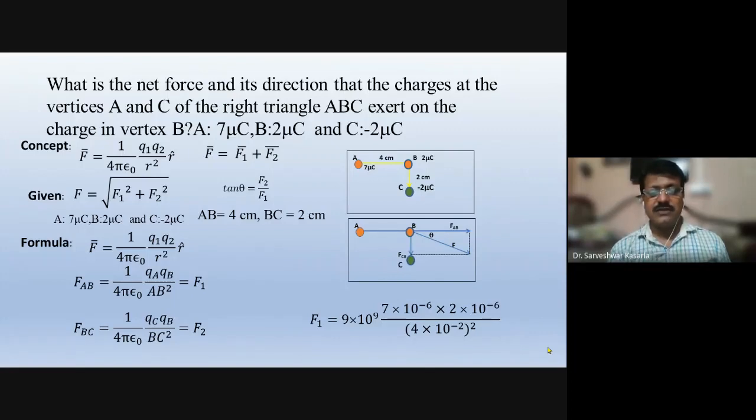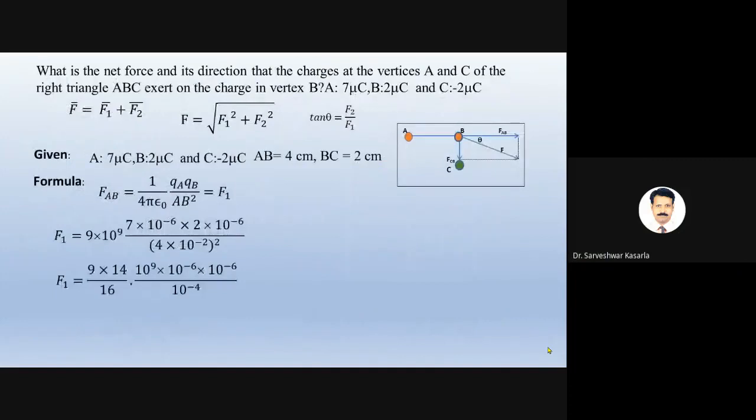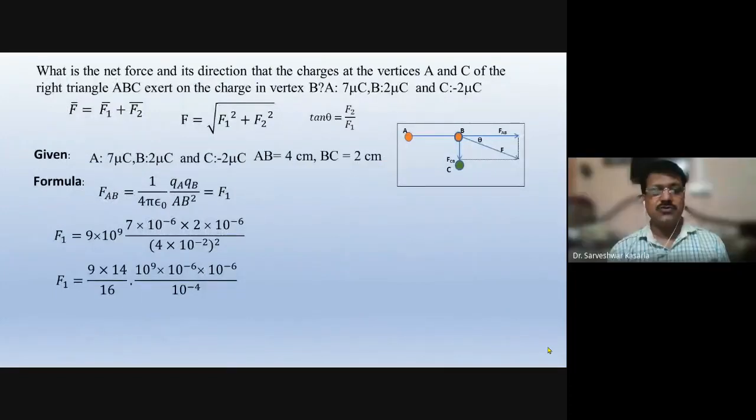We calculate the powers of 10 on the right hand side, and in the denominator we have 4 square, that is 16. So 9 into 14 upon 16 and 10 power 9 into 10 to the power minus 6, 10 to the power minus 6 upon 10 to the power minus 4. So the value comes out to be 78.75 newtons.